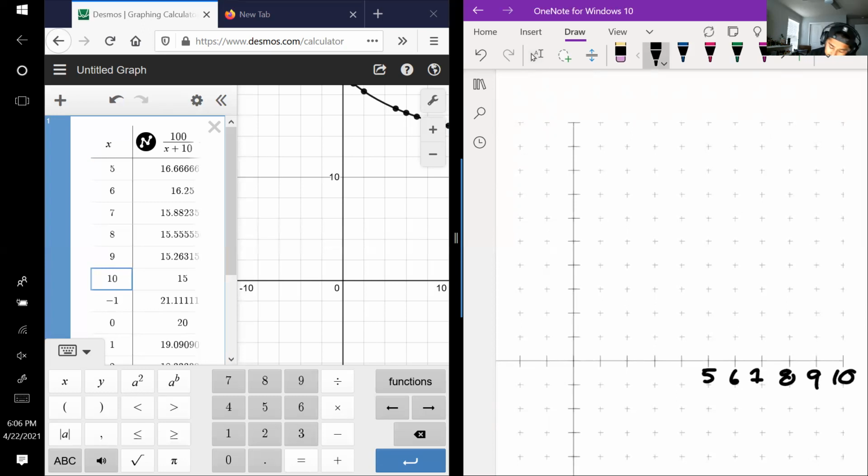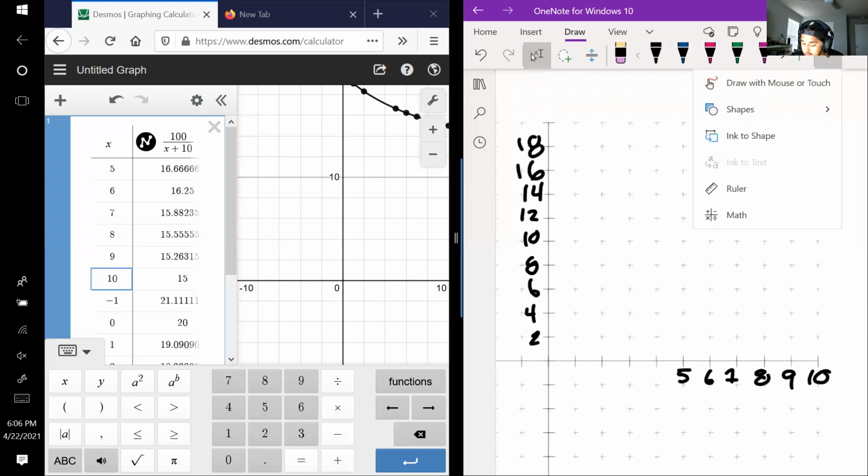Go by 3s. And again, it's just a sketch. It doesn't have to be perfect. Let me go by twos, sure. 2, 4, 6, 8, 10, 12, 14, 16, 18. Okay. That's all we need for that. And now let me graph the first function. So I get 5 and 16.66. So I'm just going to put that around here somewhere.